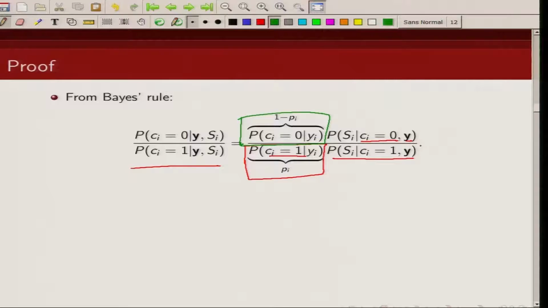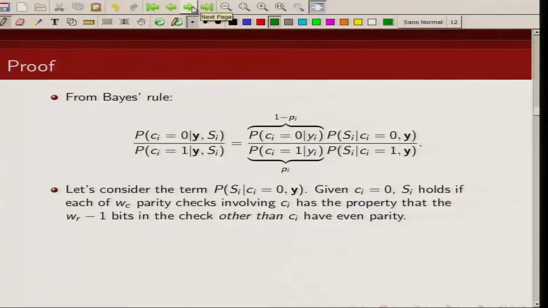Okay. Now, let us pay close attention to these terms then. So, what is this? Given that my code bit Ci is 0, when will parity check constraint involving Ci be satisfied? It is when sum of other parity bits involved in the parity check constraints, they add up to have even parity, right.